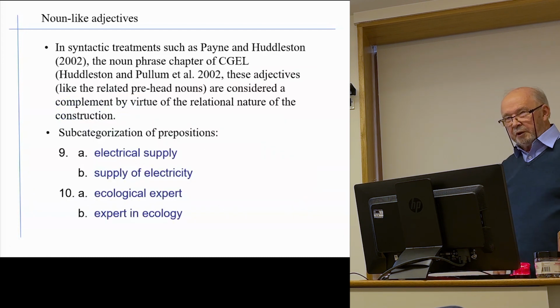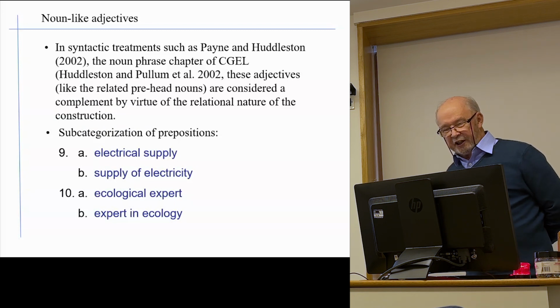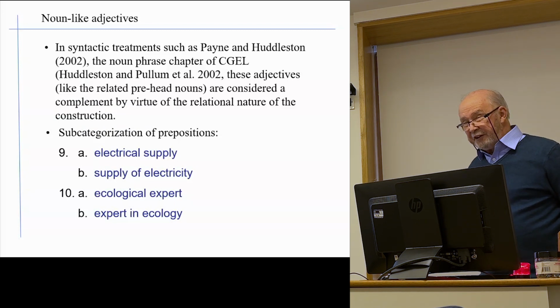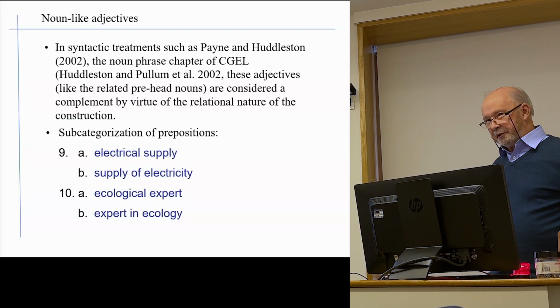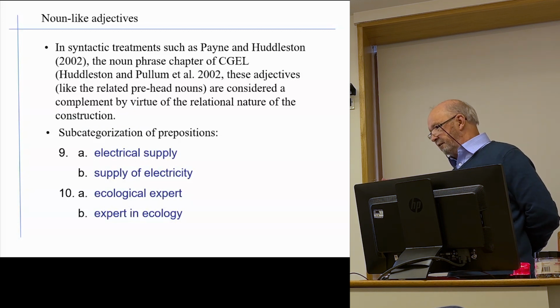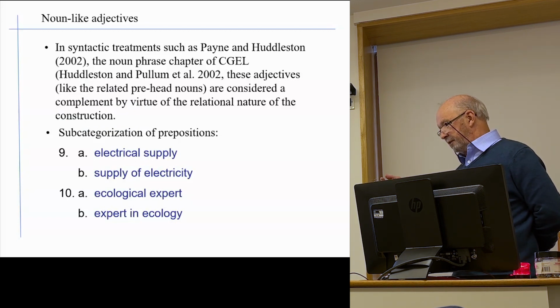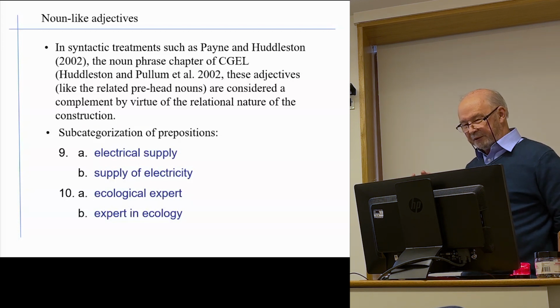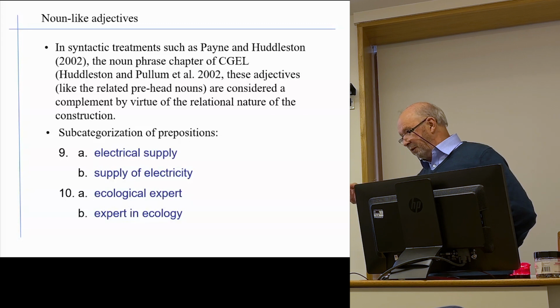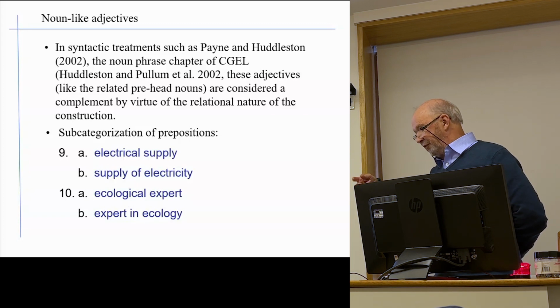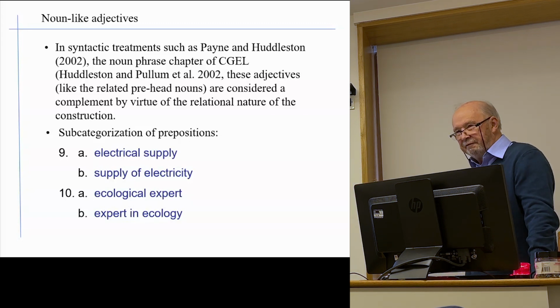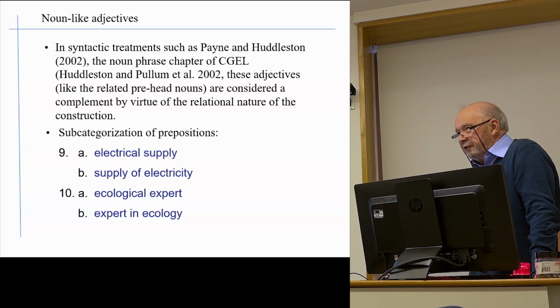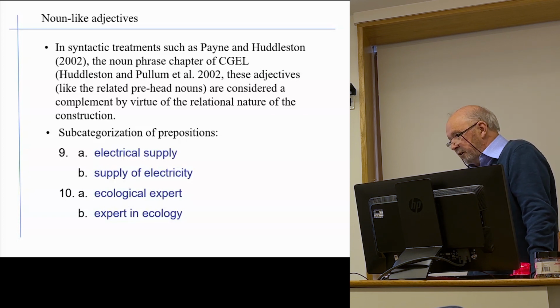So, what did we do in CGEL? These adjectives, both the ones which are transparently related to verbs, these adjectives, like the prehead nouns, are considered a complement in both of these two cases, where you have a head noun which is related to the verb, like advisor, and also in the cases like expert, where it isn't.